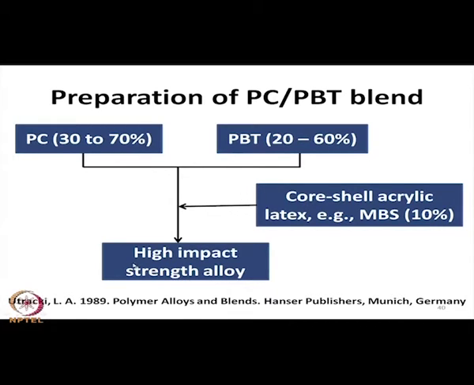In order to get a high impact strength alloy out of polycarbonate and polybutylene terephthalate, some core shell acrylic latex can be used to improve the impact strength of these two component polymers in the blend.